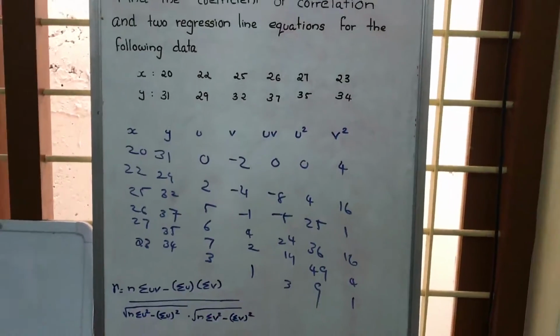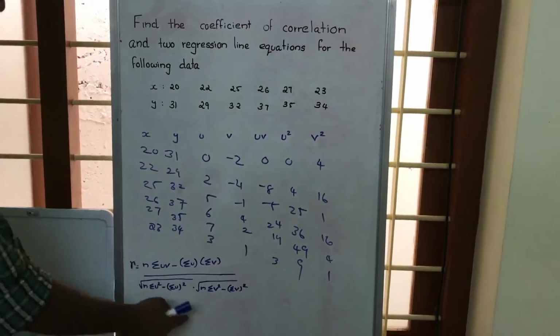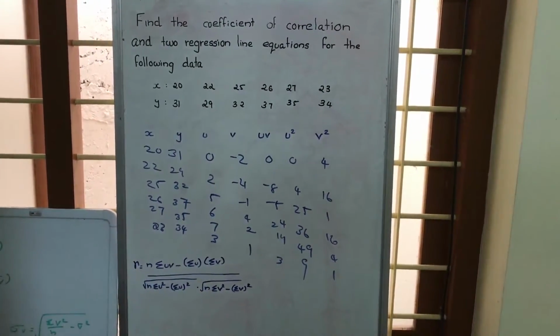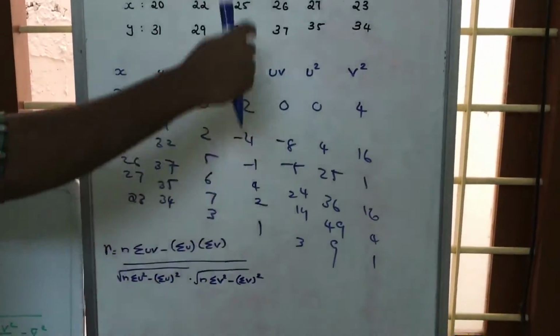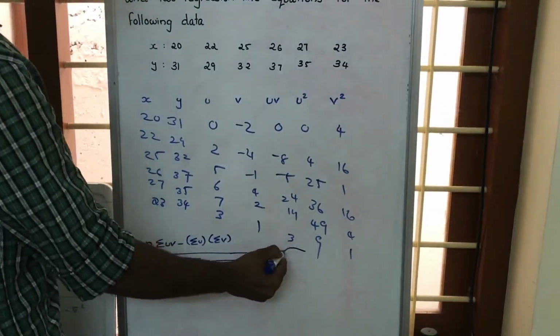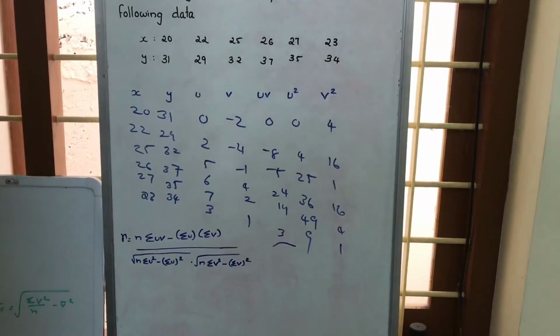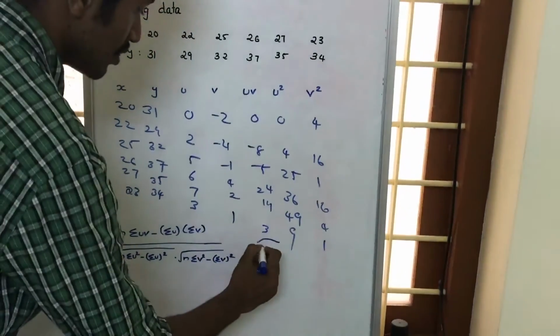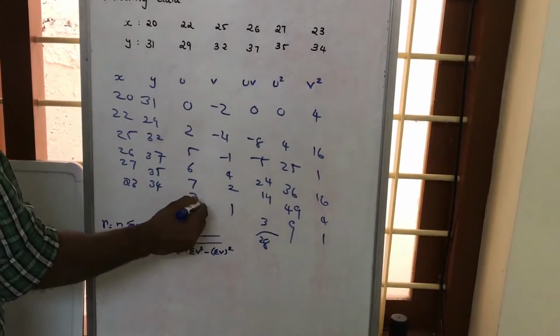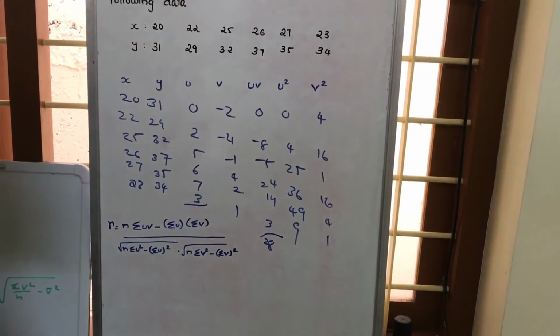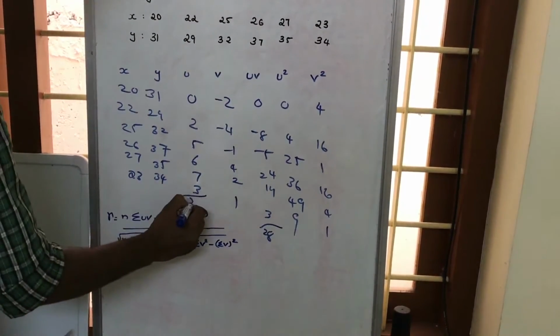Now this is the equation for the coefficient of correlation. So we should get sigma uv, that is the sum of all uv terms, and that is 28. Similarly, we want sigma u, the sum of all u terms, which is equal to 23.